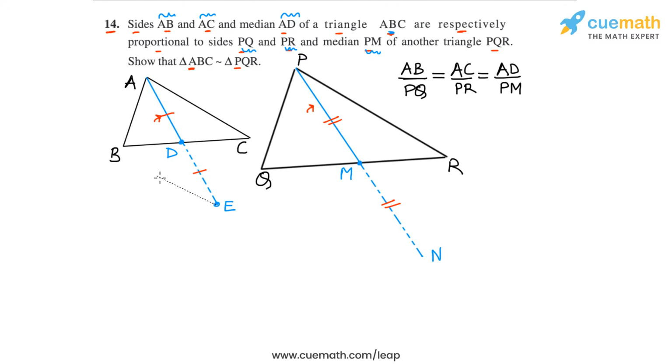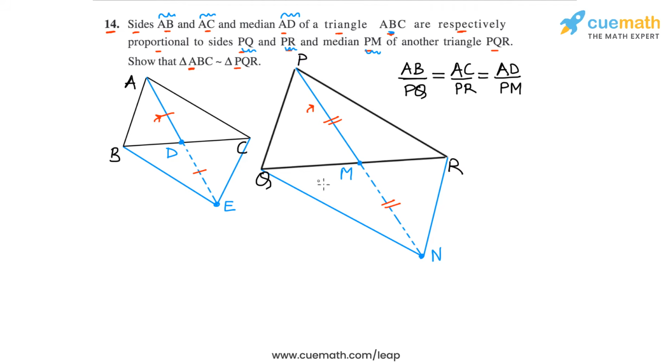I'm going to join E to B and E to C, and similarly I will join this point N to the points Q and R. So N to Q and N to R. So the construction that we have done is extend the median AD to a point E such that AD is equal to DE, and extend the median PM to a point N such that PM is equal to MN.